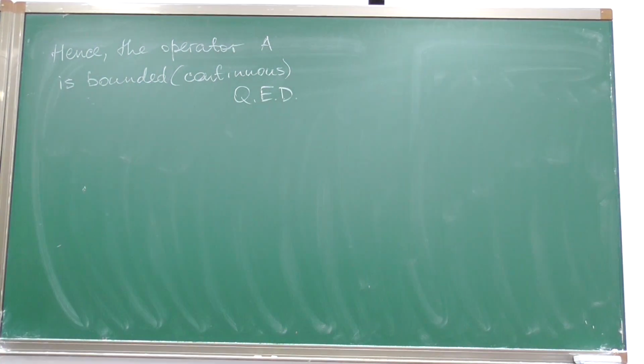Let us finish this lecture, or rather this course, with an example of a closed operator which is not bounded. In this course, we haven't seen many unbounded operators. We mostly dealt with bounded linear operators, but there was one operator which we proved is unbounded.